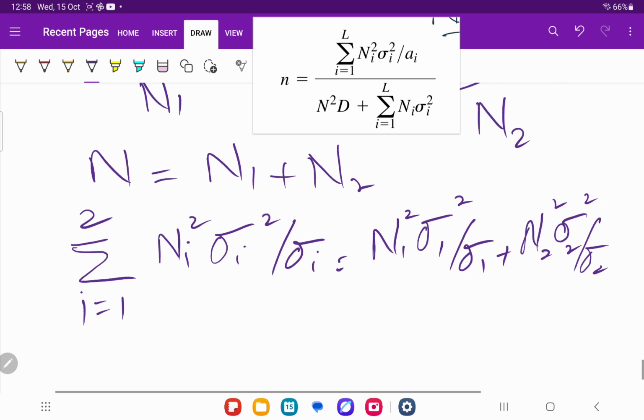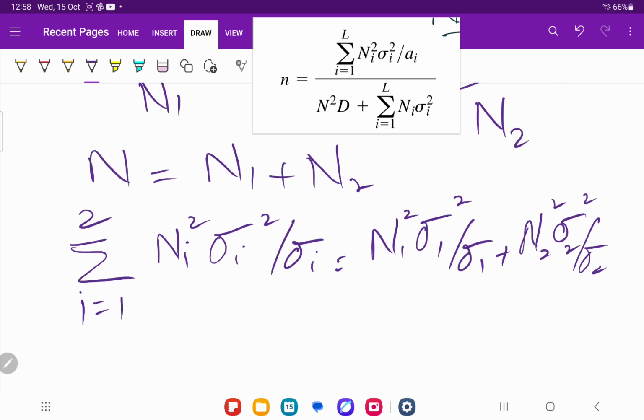Okay, so that's how you will expand your numerator until two terms, because we have a population split in two parts.